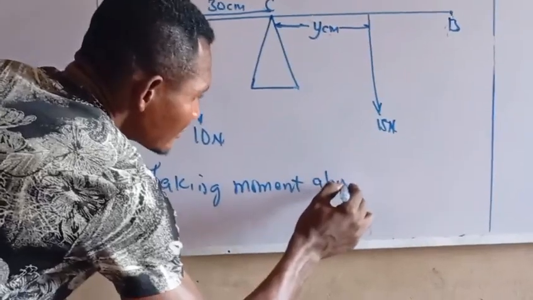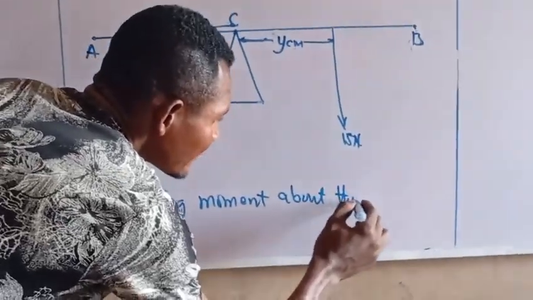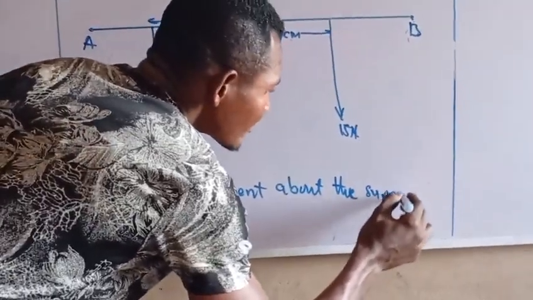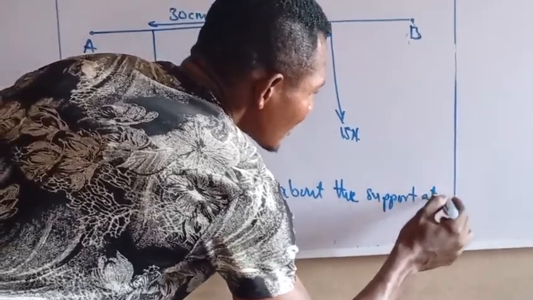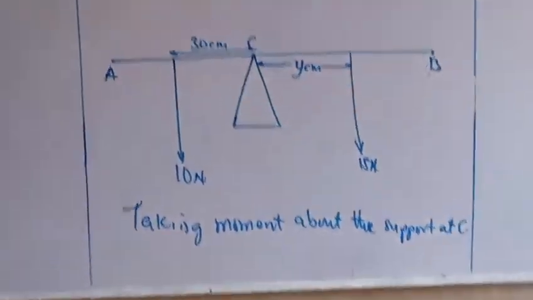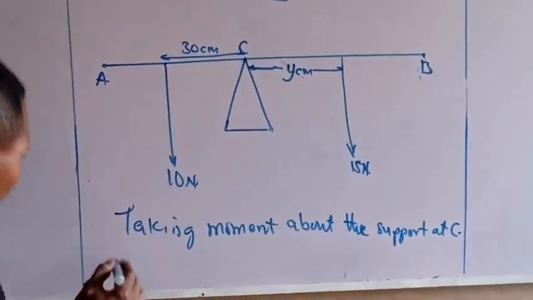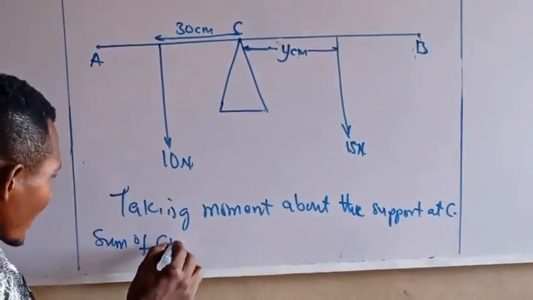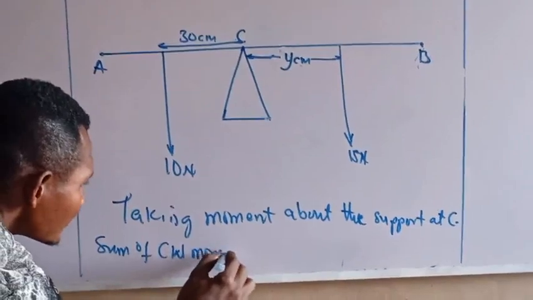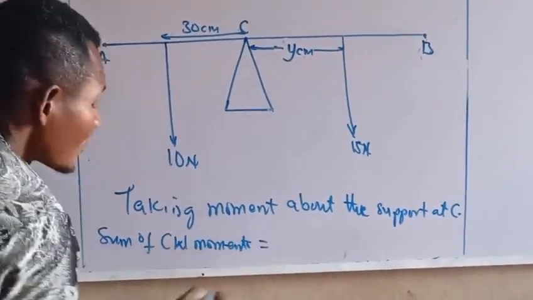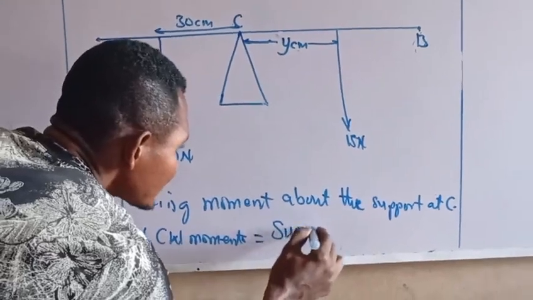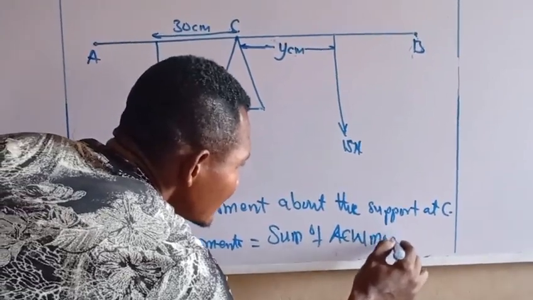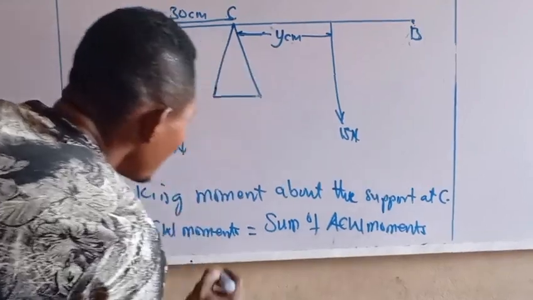Now we can say that, taking moments about this support, the support at C, that's at the midpoint, we have the sum of clockwise moments equal to the sum of anti-clockwise moments.